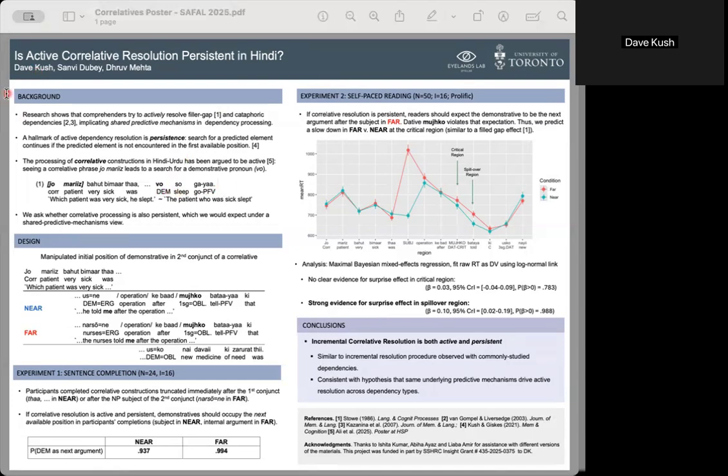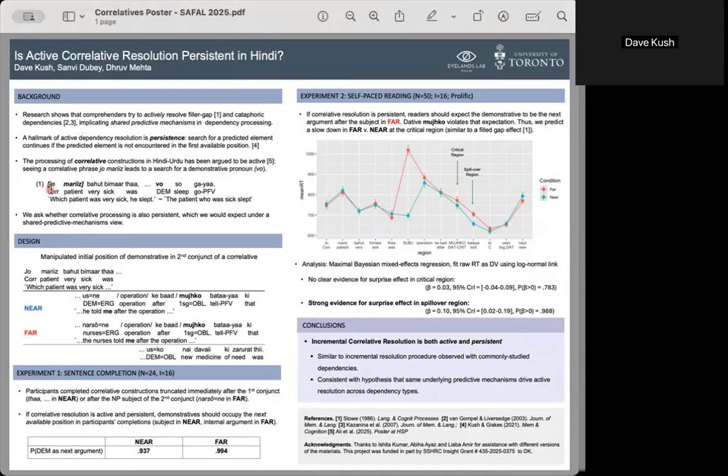The correlative clause contains a correlative phrase, in this case, जो mariiz, that is linked to a demonstrative pronoun in the main clause, वो, in the example below. Crucially, correlative phrases must be linked to a demonstrative, otherwise the construction is unacceptable, right?